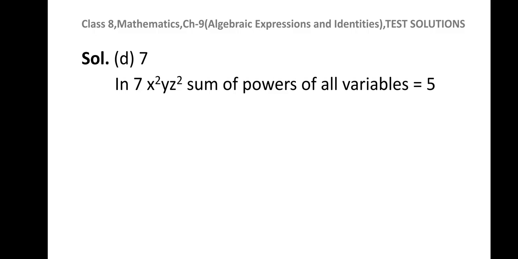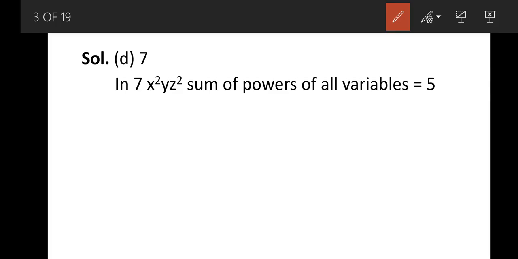In this term, 7x square yz square, sum of powers of all the variables is 5. How? Power of x is 2, power of y is 1, z is 2, so it will be 2 plus 1 plus 2, so it will be 5.